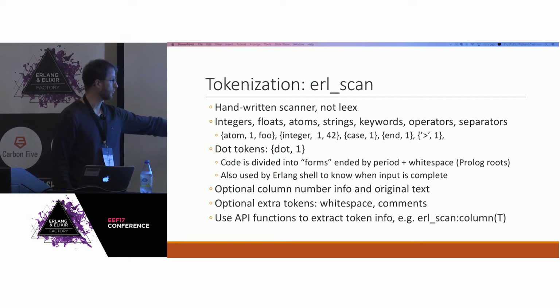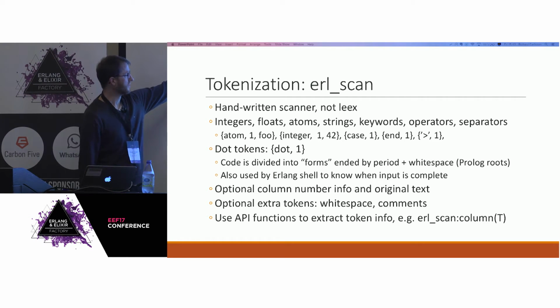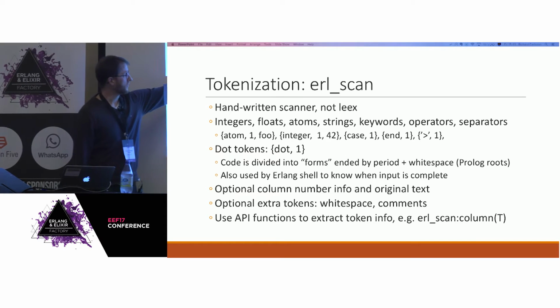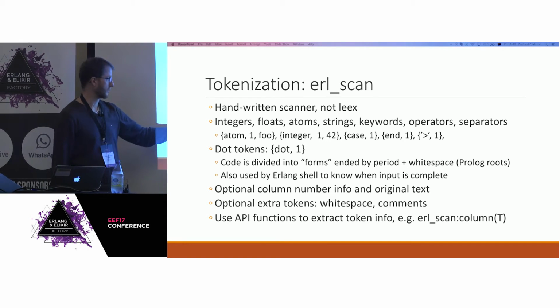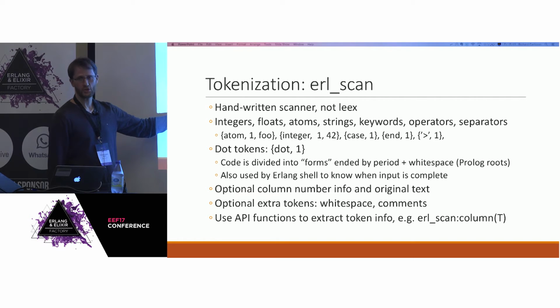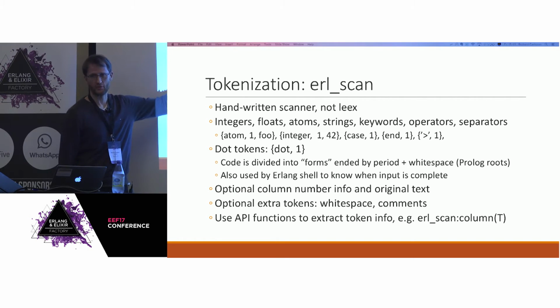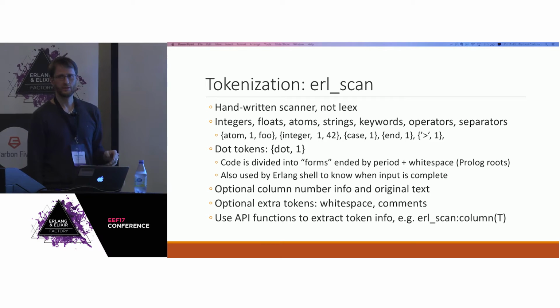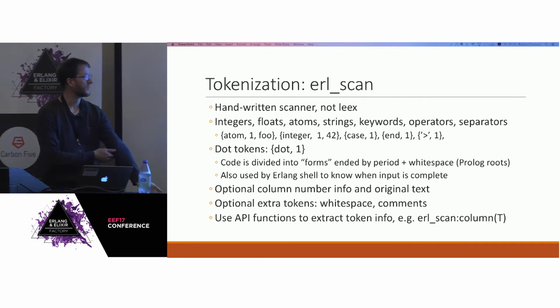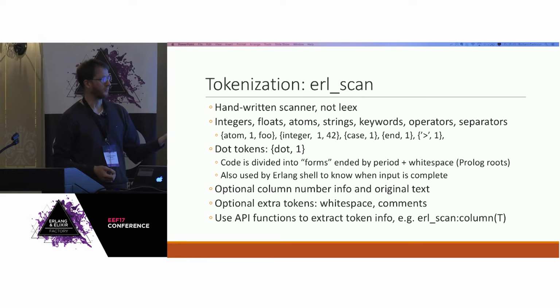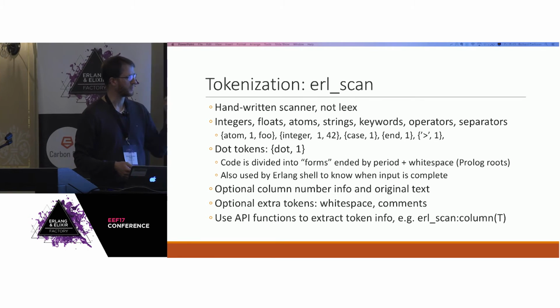And these days you should also not match straight on these, because this thing, which usually means the line number, if you tell it to return optional information, then this will change to something else, and you shouldn't rely on that representation anymore. So you should use the new API functions, like erl_scan:column, to extract information from the token.